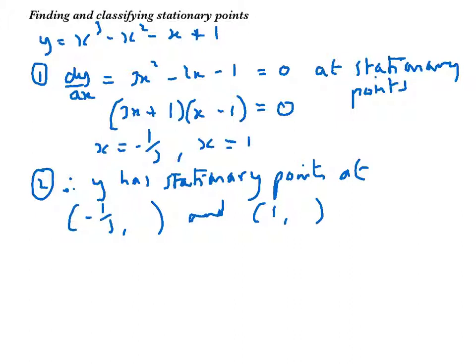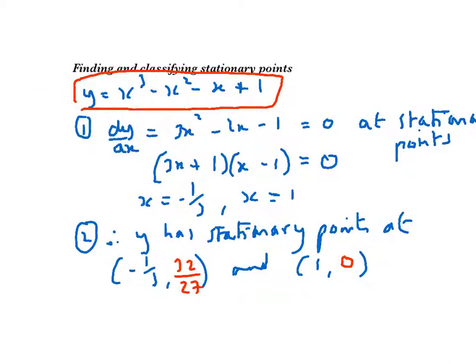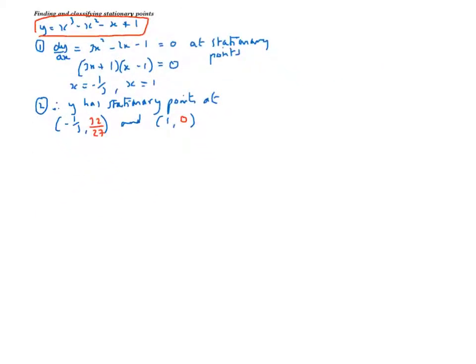So to get the y values, all I'm going to do is plug my x values back into my original equation, because remember here I have y equals and I'm trying to find y, and if I put my x values back in, I get y equals 32 over 27, and I would get y equals 0 at x equals 1. So there I have my stationary points now, but it's not good enough to just leave it like this. I now need to classify them to know whether they're maxes, minimums or inflection points.